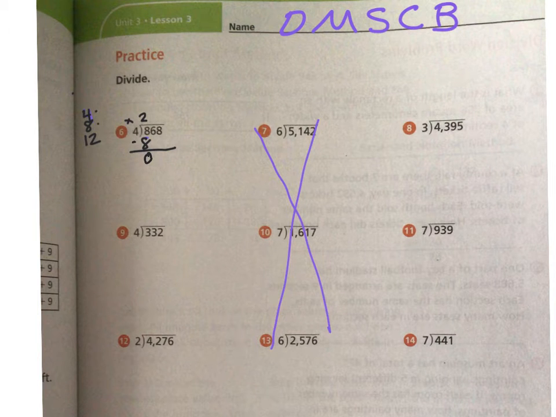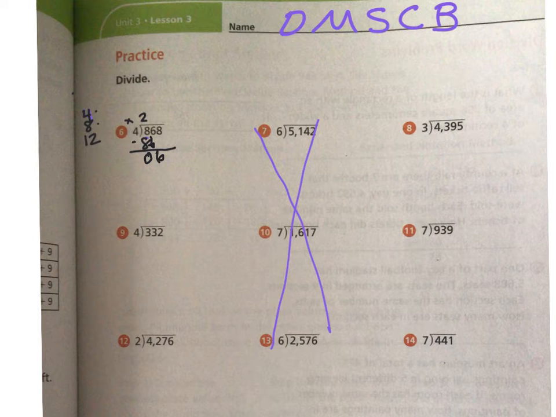Now I'm on the check. Do I check and see a number? There is a number to bring down. So I do my arrow. I can only bring down one number at a time. That's 6. Okay. Now I start over again. 4 into 6. How many times can 4 fit into 6?